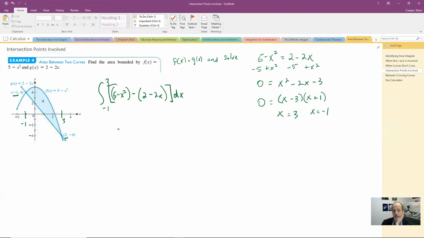So that's the integral we need. Simplifying that result, 5 minus 2, so it's going to be 3, and negative x squared. Actually, I like to write it with x squared negative.